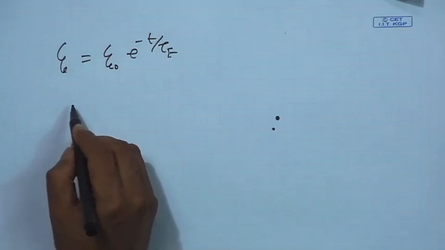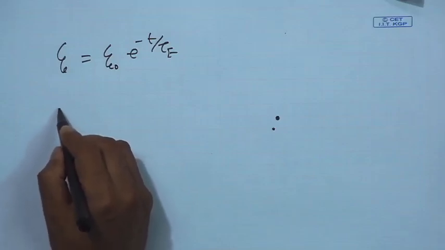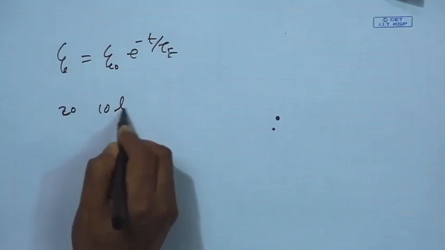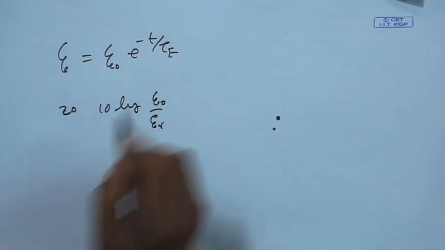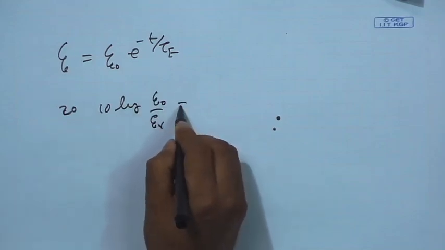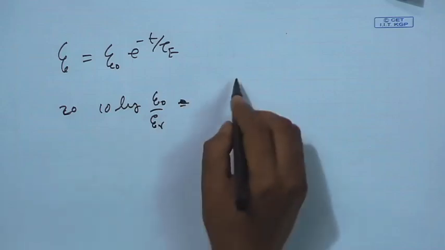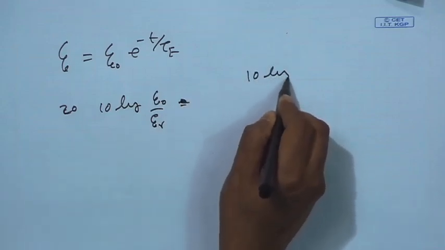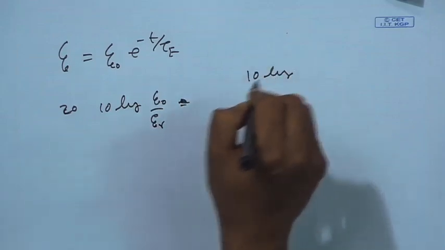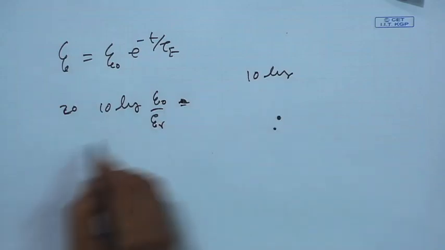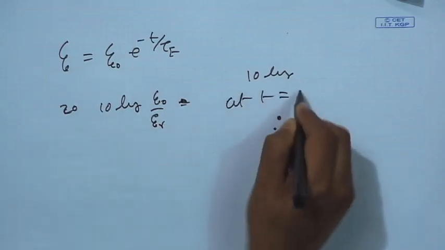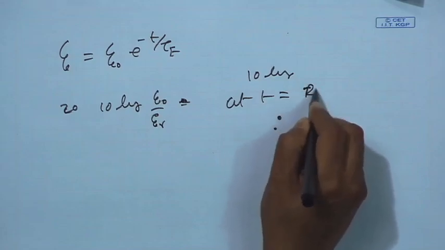So, psi 0 in dB, let us say the reference is psi r. 10 log psi 0 by psi r is 60, and let us say it drops by 60 dB. I can calculate that and equate it at t equal to RT60.